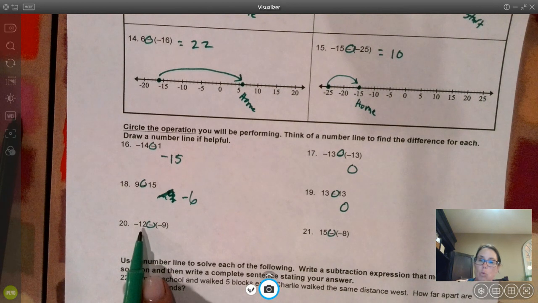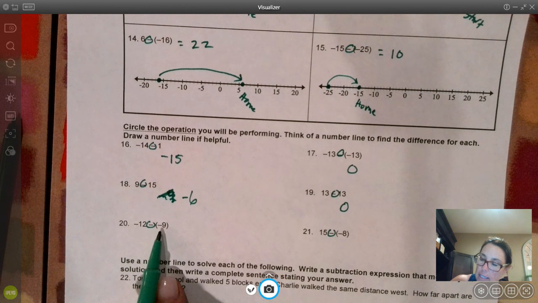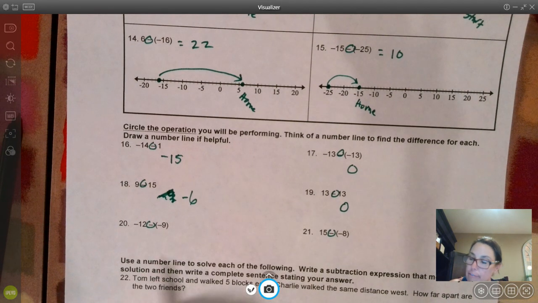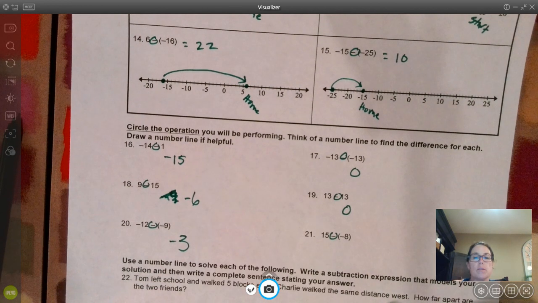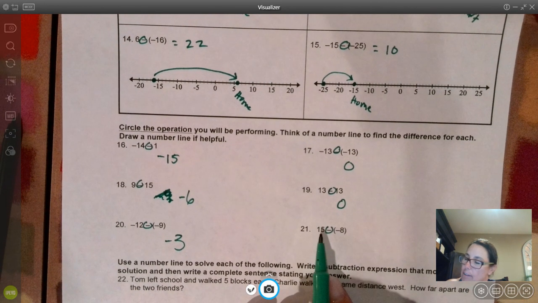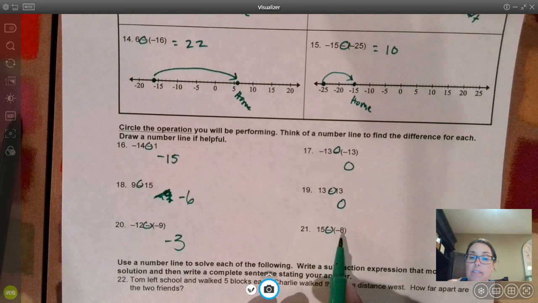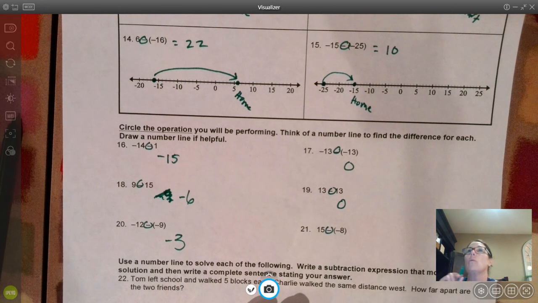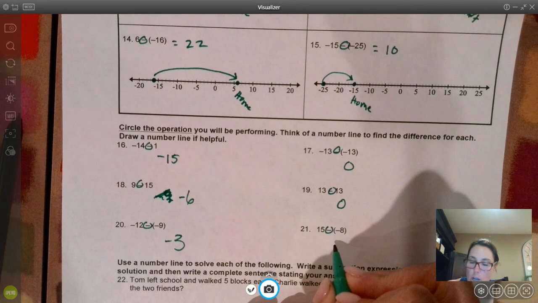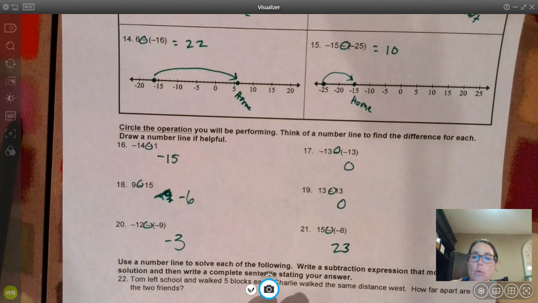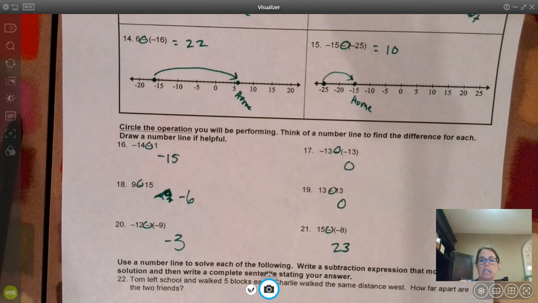If I put a negative 12 on my number line and I put a negative 9 on my number line, I would have to go to the left 3 units. This guy, if I put a 15 on there and a negative 8 on there, wow, I'd go all the way to the right 23 units to get back to that 15.